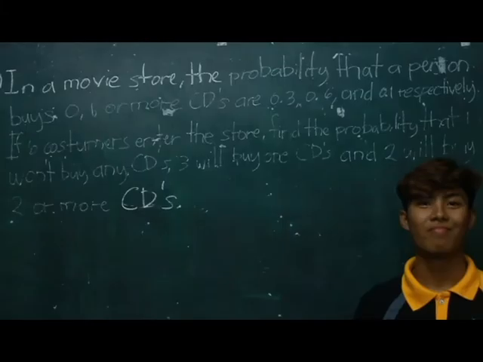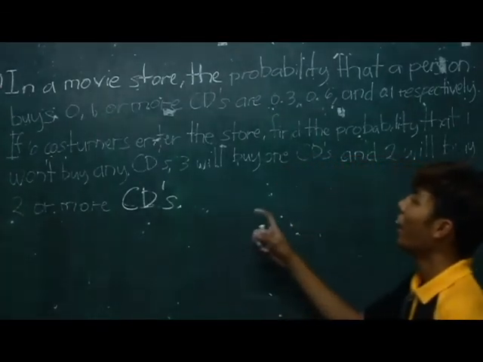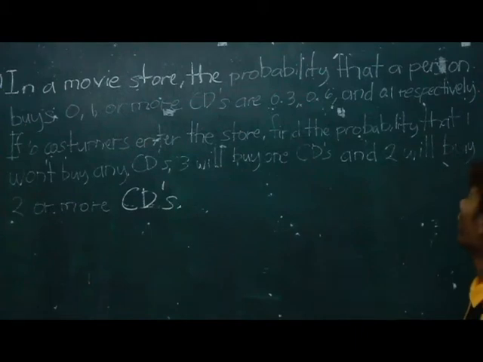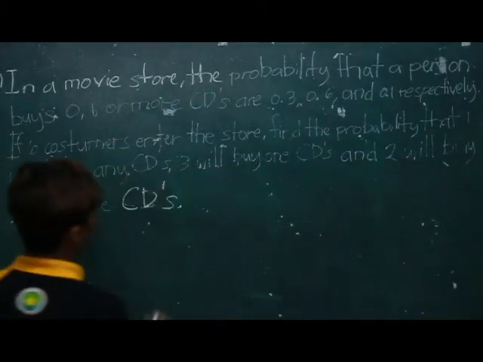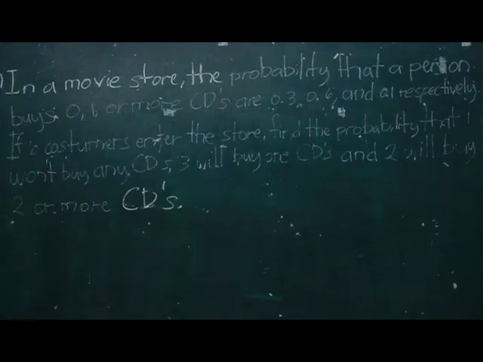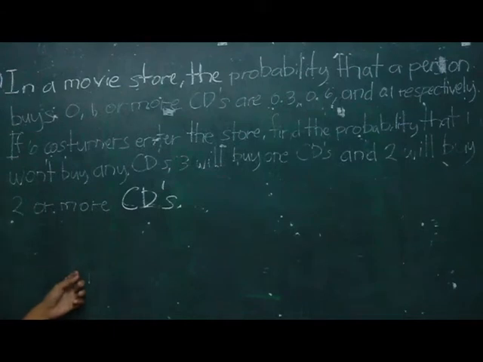And here's another example on the board. In a movie store, the probabilities that a person buys 0, 1, or more CDs are 0.3, 0.6, and 0.1 respectively. If 6 customers enter the store, find the probability that 1 will not buy any CD, 3 will buy 1 CD, and 2 will buy 2 or more CDs.